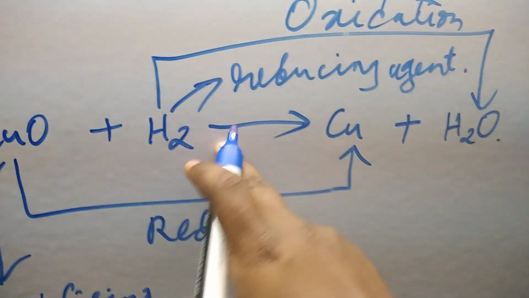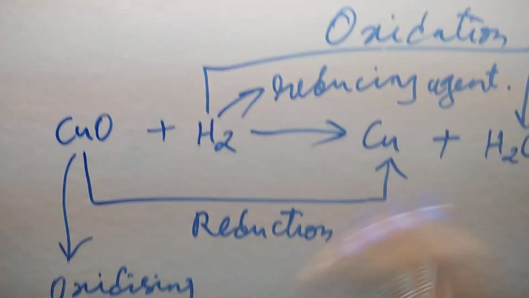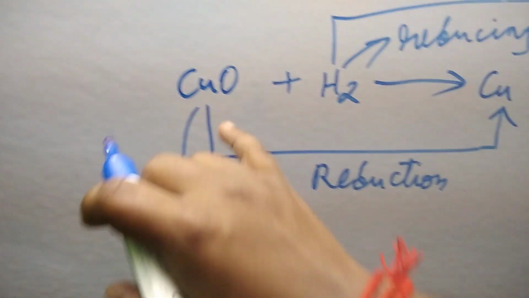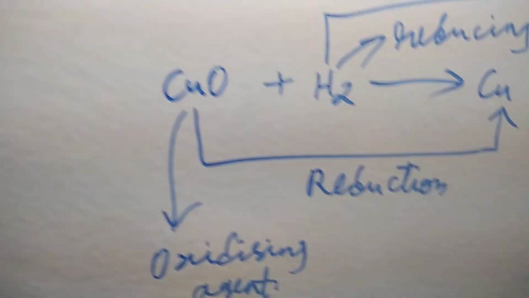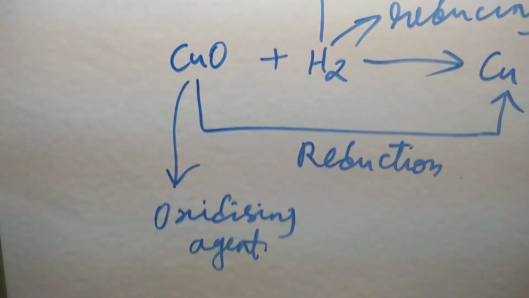See, it is oxidized to H2O, so it is the reducing agent. And CuO is reduced to Cu, so copper oxide is the oxidizing agent.